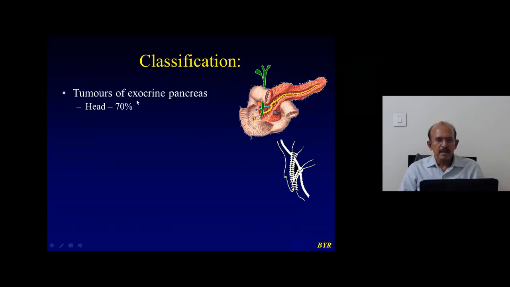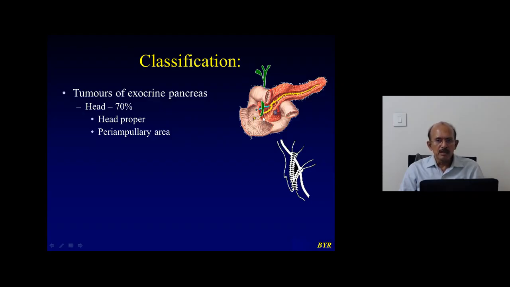That is again classified as tumors of the head of the pancreas. About 70% of the tumors arise from the head of the pancreas. They are classified into tumors from the head proper and tumors from the periampullary region. Head proper means the mass arises from this area. Periampullary region means the tumors arise around the ampulla of Vater.